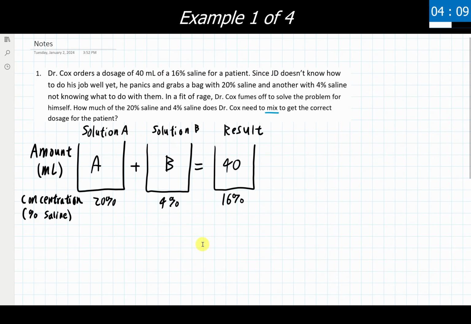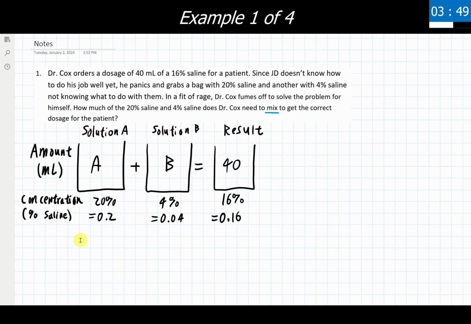Now that we have this set up for ourselves, we can go through and start creating some equations. Remember that if we are making equations out of this, we need to convert all percentages into decimals. So I'm going to convert 20% into 0.2, 4% into 0.04, and 16% into 0.16.